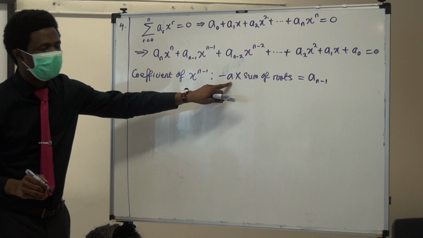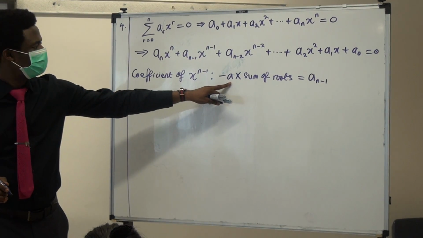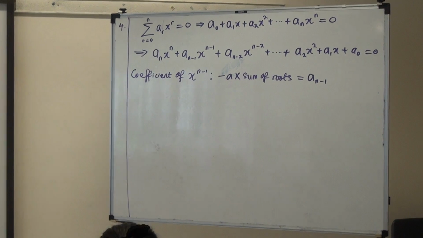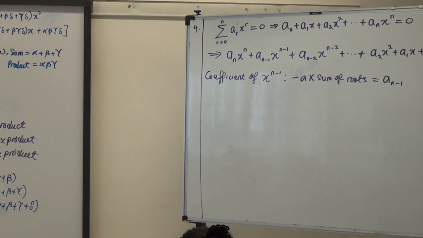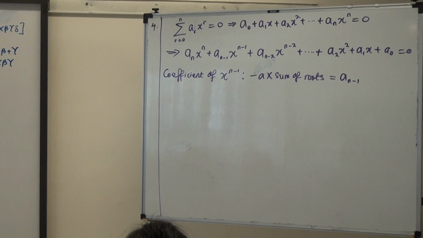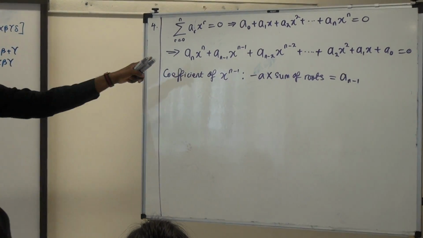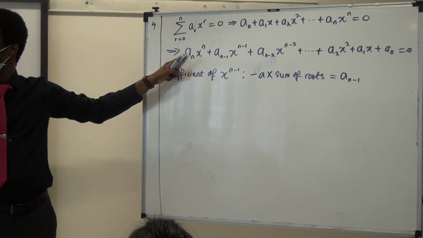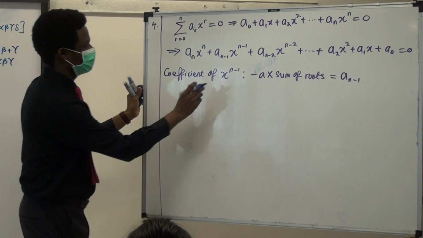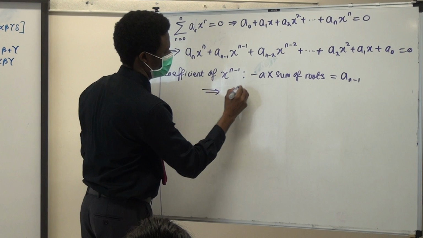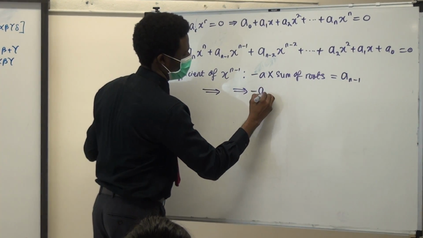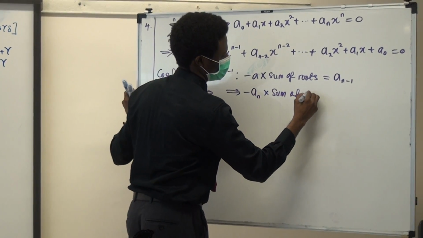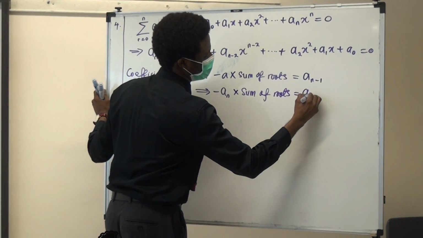Now, this A is what? This A is the coefficient of the first term. Do you agree? Which in this generalization is what? an. Do you agree with me? Leading coefficient. Understood? So this means negative an times the sum of roots equals a_(n-1).